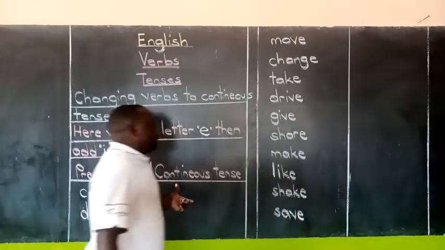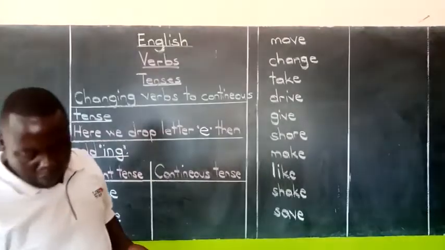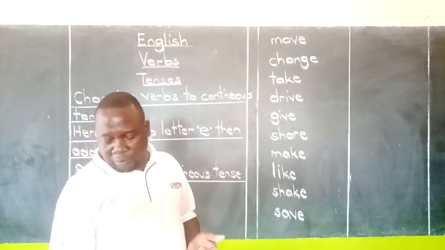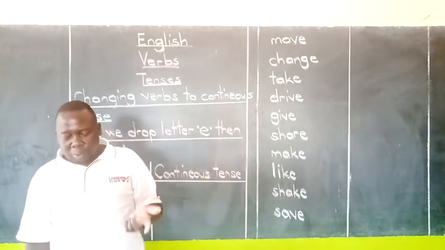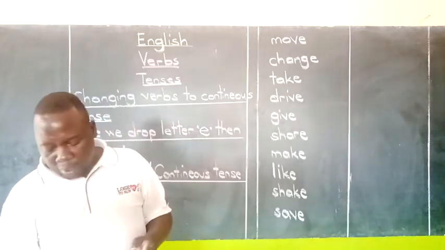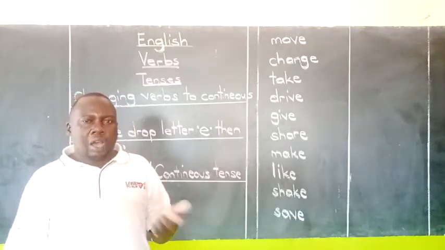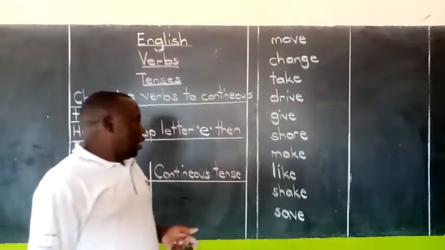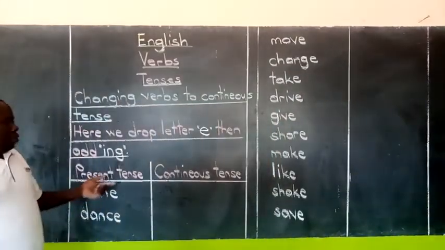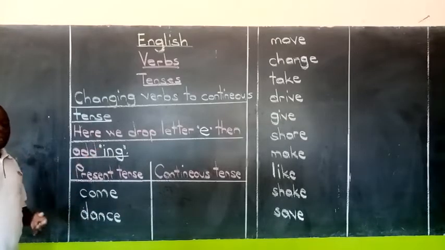And many others. We have behave, use, weave, choose, believe, arrive, practice, love, and so many others. When you look at all these verbs, they end with letter E. We want to change them to continuous tense.